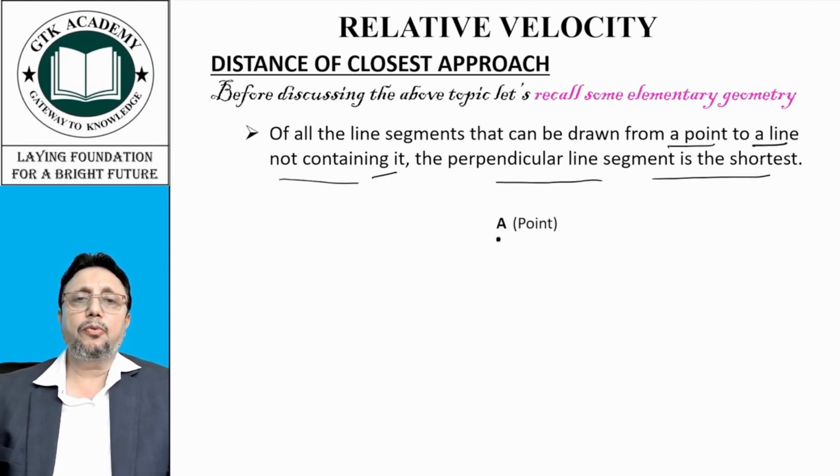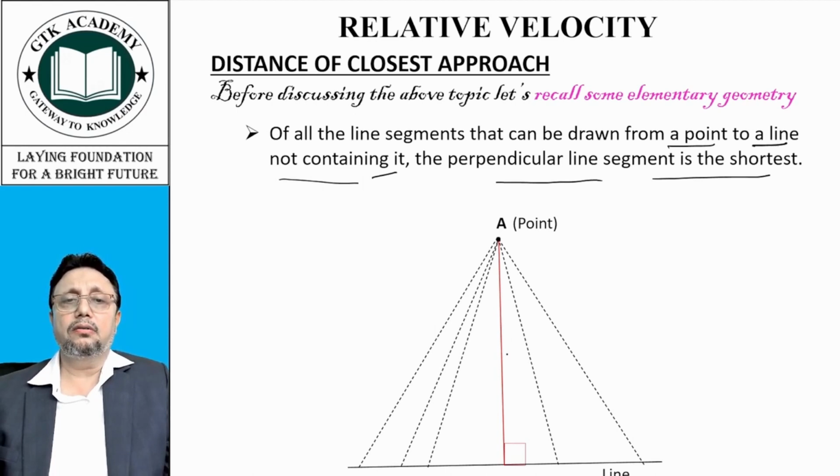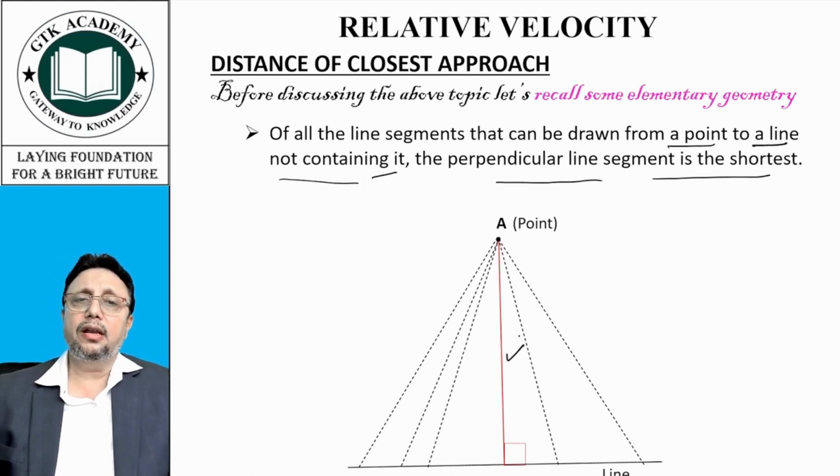That means if this is a point P and this is the line, of all the line segments that can be drawn like this, the perpendicular is the shortest. I think you all must have read this in geometry. So this is the shortest, and this is what we call the distance of a point from a line. Actually, it is a perpendicular distance.